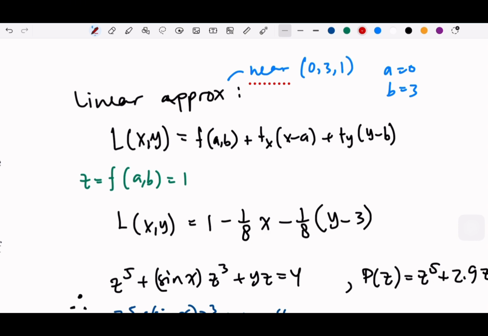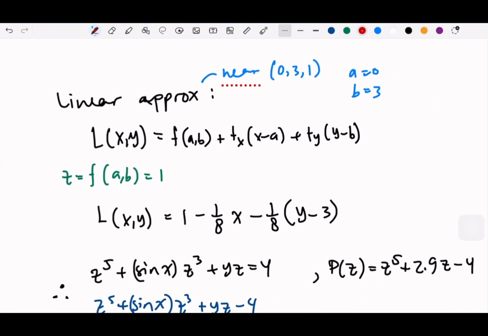So linearization is actually the tangent plane. Okay, if you see the form, this is actually similar to this. So it's very similar to what we have in the tangent plane.